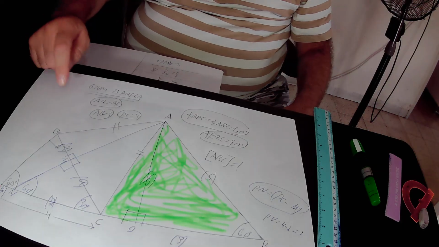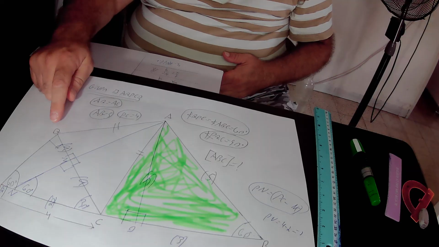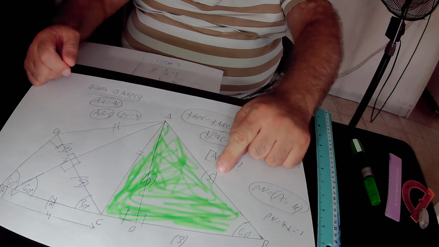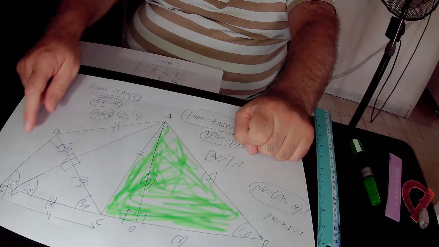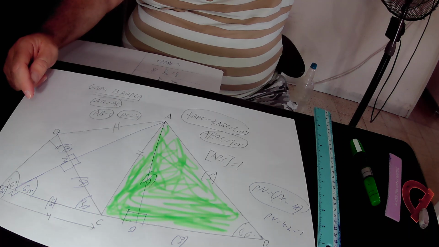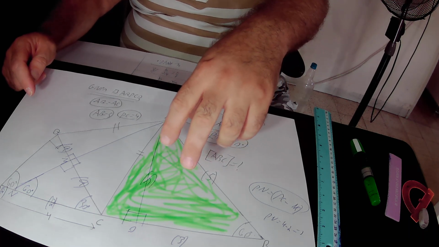We also know that angle PQC is the right angle. We know that AB equals 5 units in length, PC equals 4 units in length. And again, our task is to find out the area of this main triangle, triangle ABC.